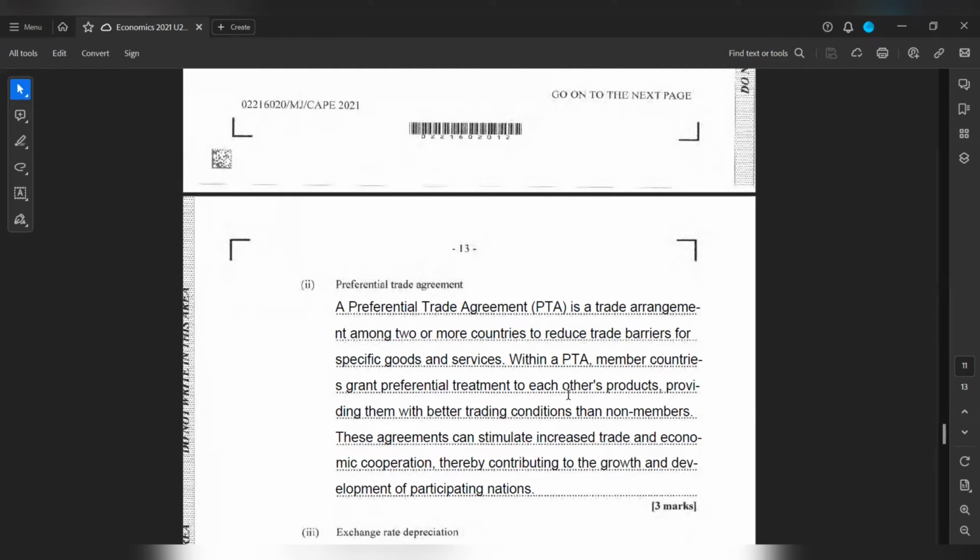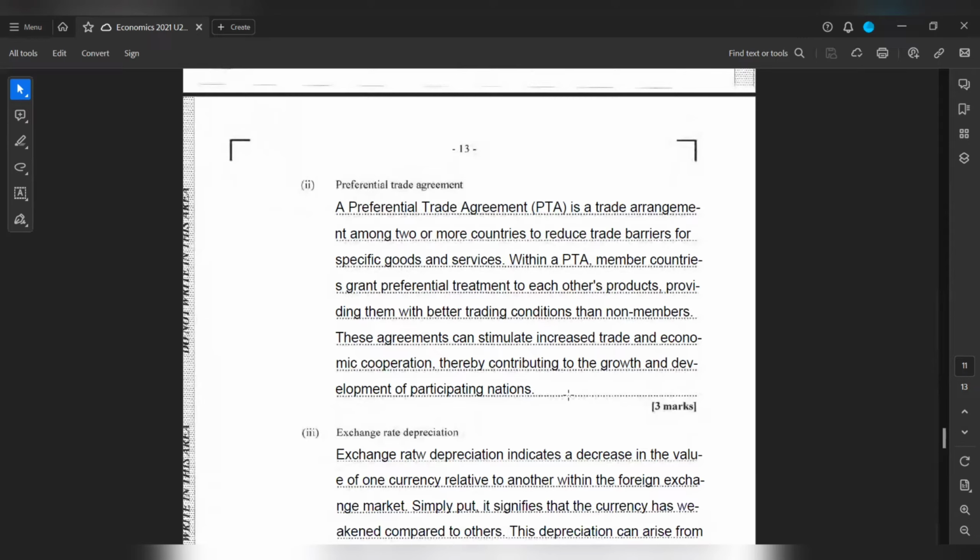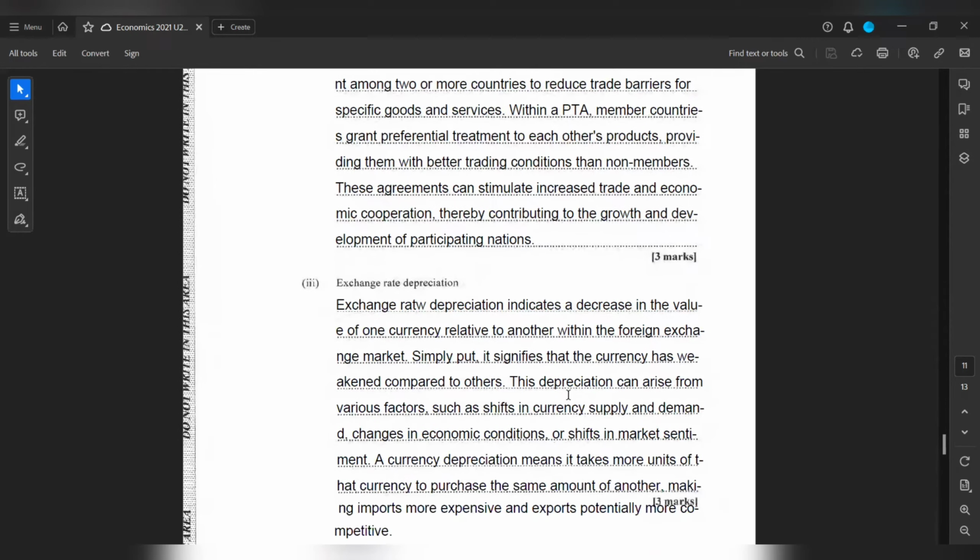Exchange rate depreciation. Exchange rate depreciation indicates a decrease in the value of one currency relative to another within the foreign exchange markets. Simply put, it signifies that the currency has weakened compared to others.